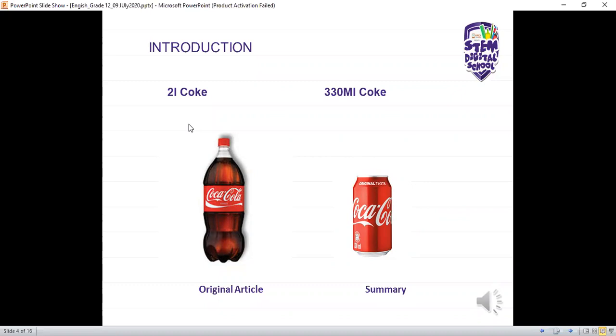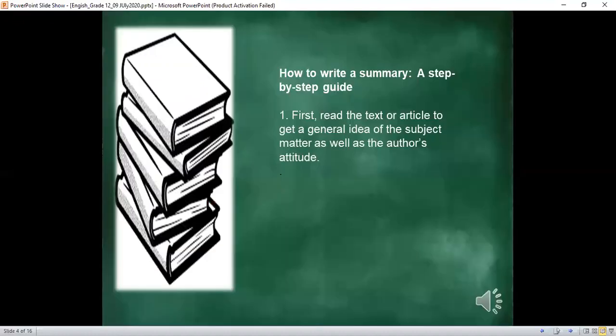We take the original, bigger version, and we reduce it to a smaller size, but we don't lose the idea contained there, or the message that the author was trying to convey. You are reducing the size, but you are keeping the taste, just like the two pictures that you see here.